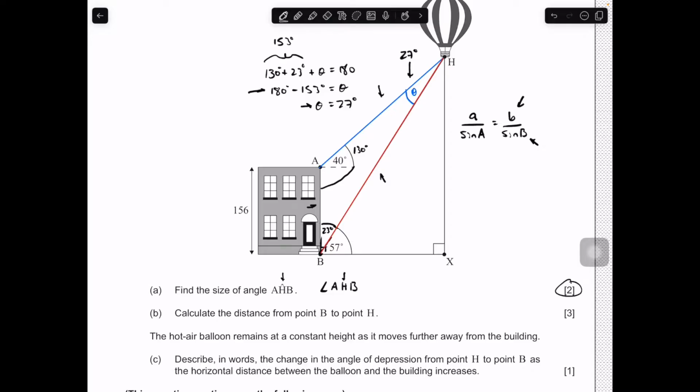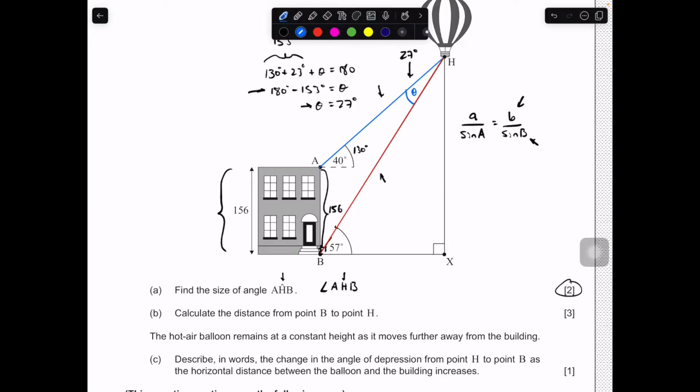It doesn't look like we have the side length, but here we know that this building is 156, and unless this is a rather peculiar building, we can imagine that this as well would be equal to 156. To be honest, it is actually a peculiar building because it's 156 meters for a 2-story building, which is already a little ridiculous, but all the same.